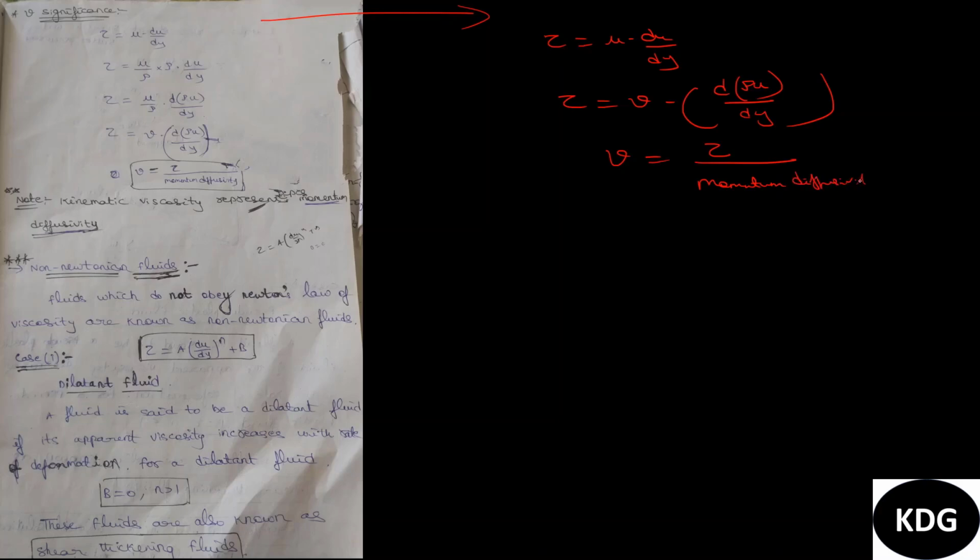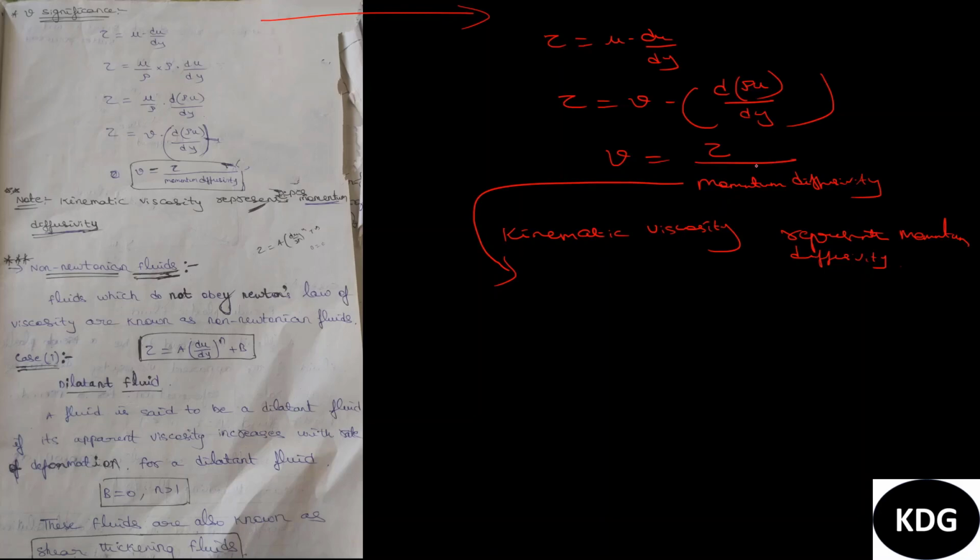So kinematic viscosity represents the momentum diffusivity. How did we get this as momentum diffusivity?